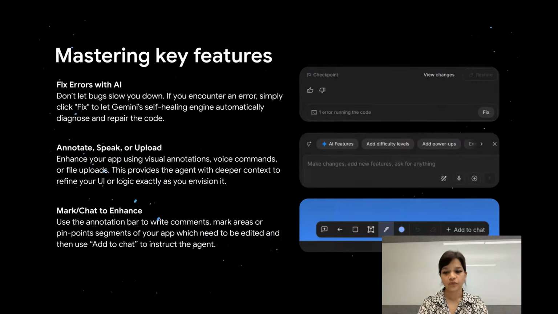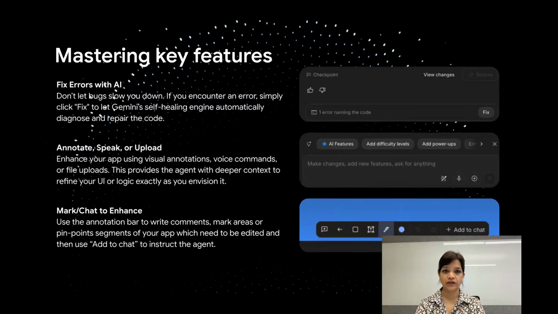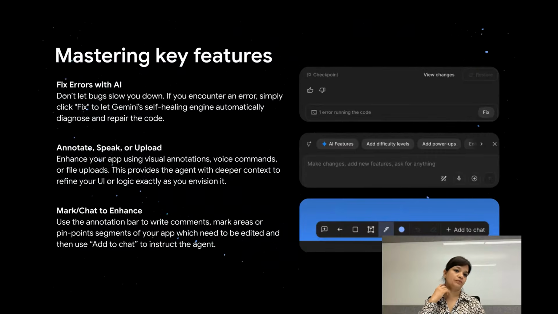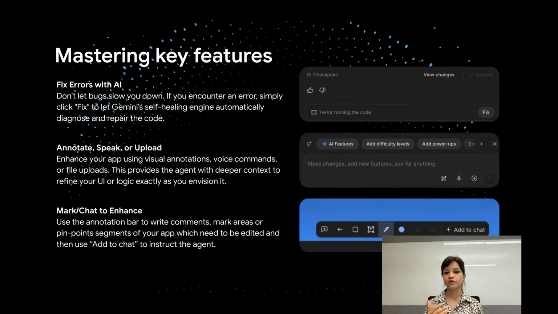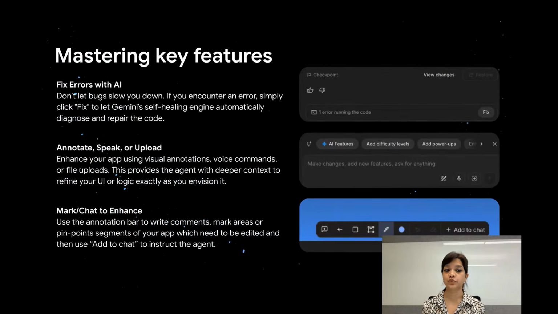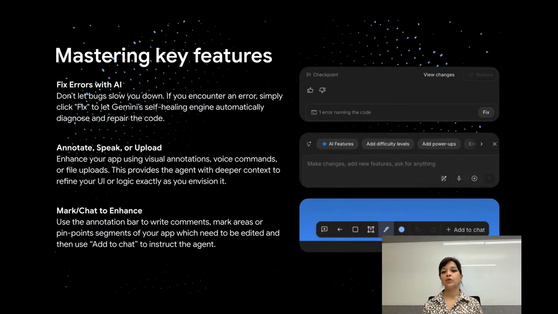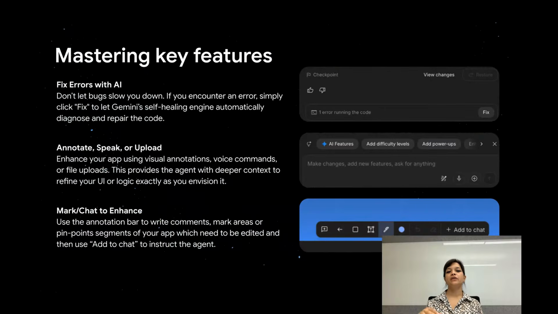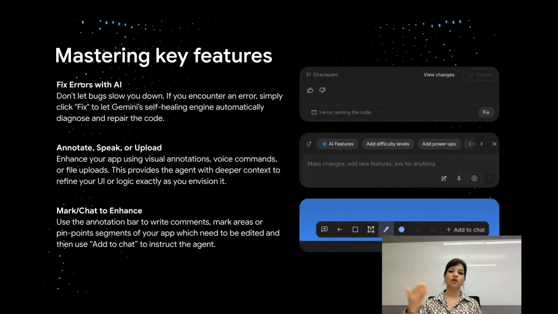Now, a few things before we look at AI Studio really quickly is how will you master key features? There are many things. We are not going to cover everything, but the key things that you want to remember is fixing errors with AI. If you encounter an error, simply click fix. There is a self fix button, and then Gemini's self healing engine automatically kicks in.